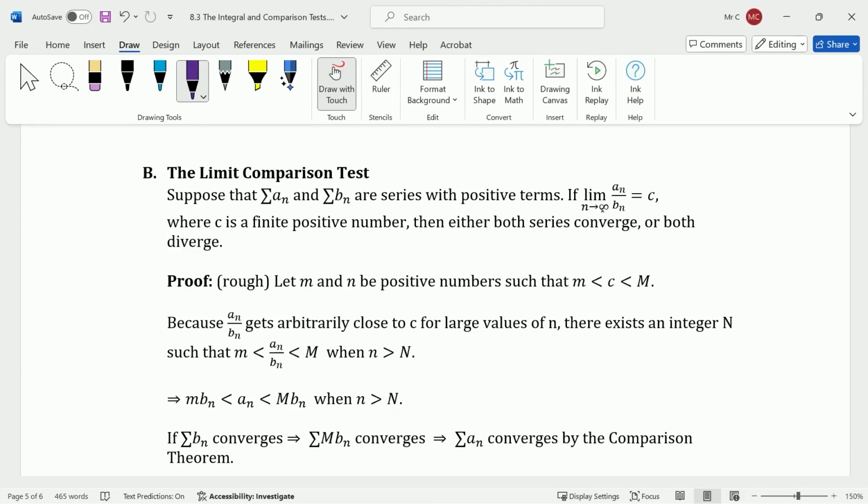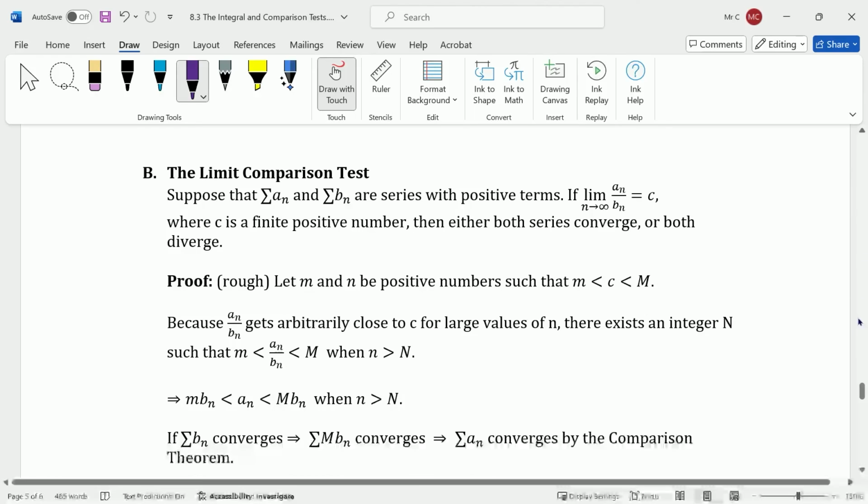If the limit as n goes to infinity of the quotient of the general term a sub n divided by b sub n is c, some number that's both finite and positive, then either both series converge or both diverge. So as long as you know what one of them does, you'll know what the other does.